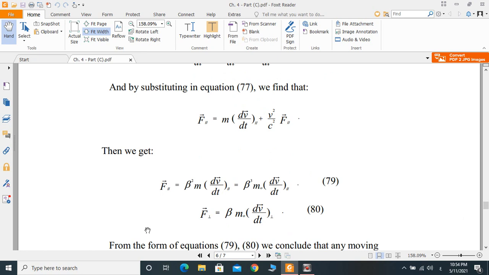And the second equation of motion, perpendicular to the velocity of the particle, can be written as F perpendicular equals beta m naught dv by dt perpendicular.